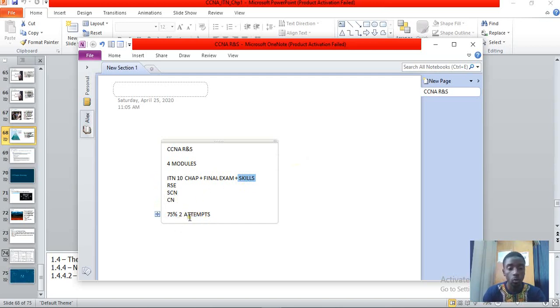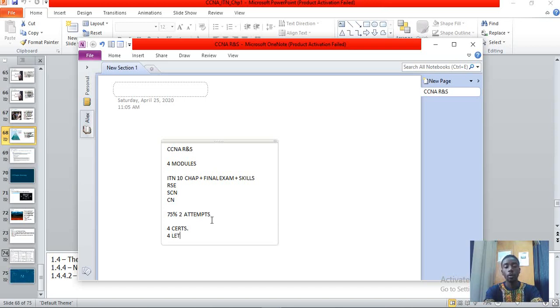So basically, that is what I have to introduce to you: 4 modules, named Module 1, Introduction to Networks; Module 2, Routing and Switching Essentials; Module 3, or Semester 3, Scaling Networks; and Connecting Networks. As soon as you finish this course with us, you are going to leave with 4 certificates and 4 letters.